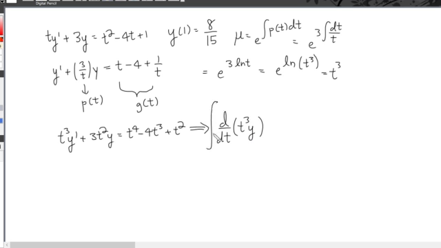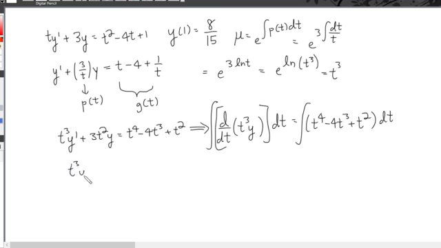So then now we integrate this and set it equal to the integral of this side, which is just t to the power of 4 minus 4t cubed plus t squared dt. And now we get t cubed y is equal to t to the power of 5 over 5 minus t to the power of 4 plus t cubed over 3 plus c.